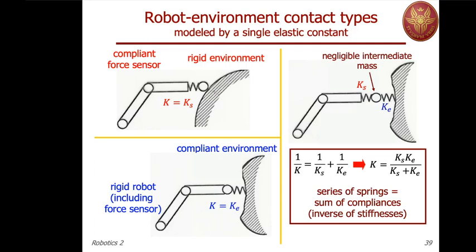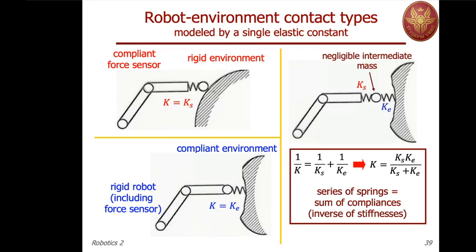And if one of the two is negligible with respect to the other, for instance, if the sensor stiffness is much smaller than the environment stiffness, then at the denominator Ks can be neglected with respect to Ke, and only Ke remains, which simplifies with the Ke at the numerator, and in this case the dominant stiffness of the contact will be given just by the sensor Ks. So pay attention to this way of reasoning.